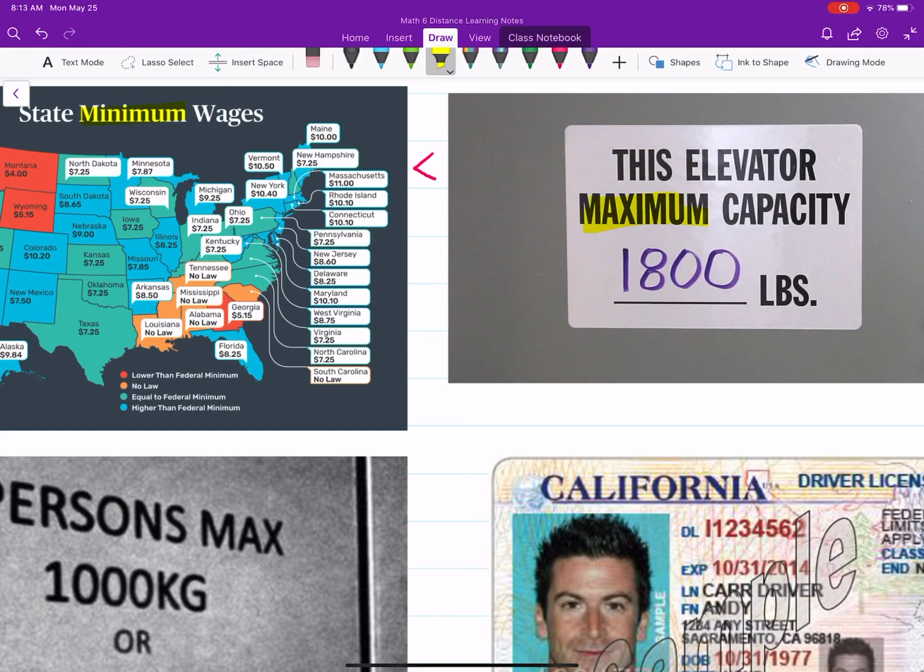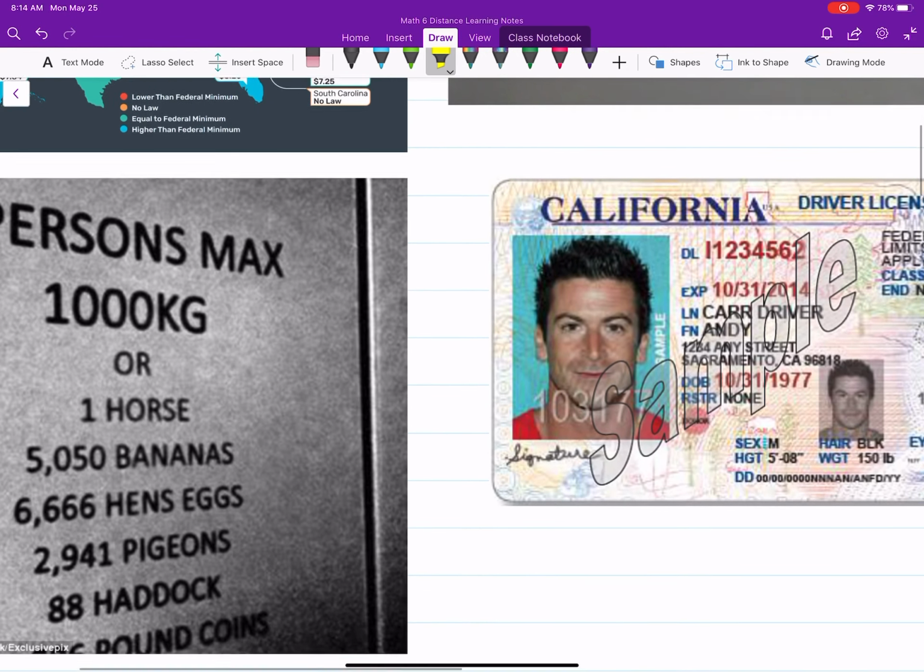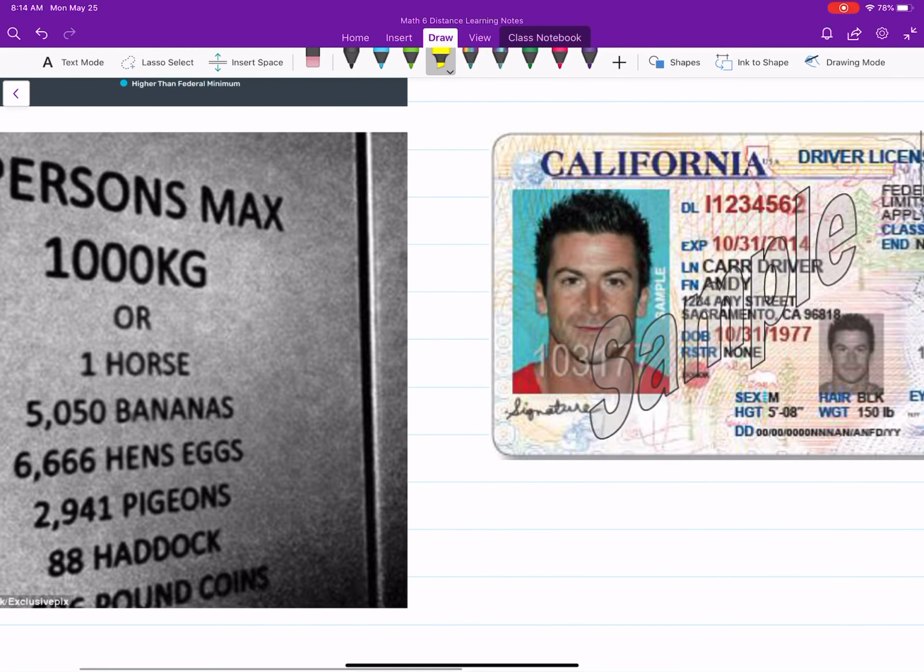So its maximum weight capacity is 1,800 pounds, and again, you have to use the less than sign. The same would be the case for this other elevator or carriage or whatever this picture represents.